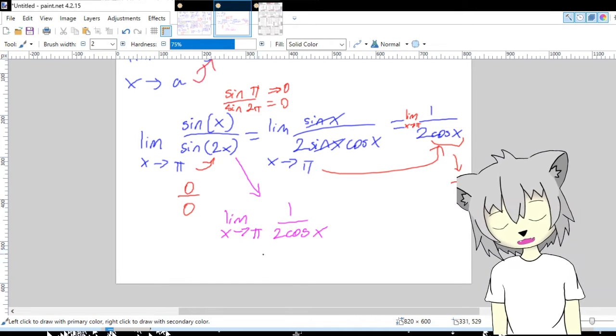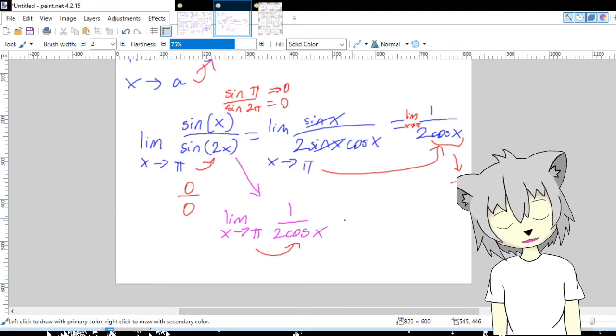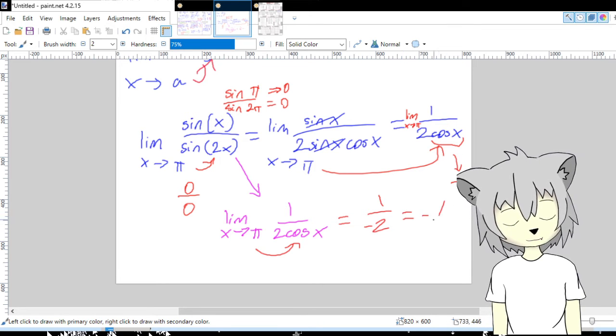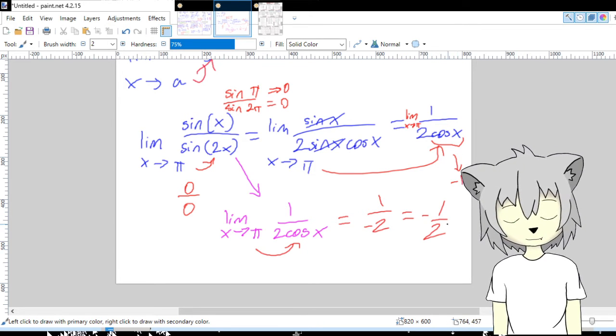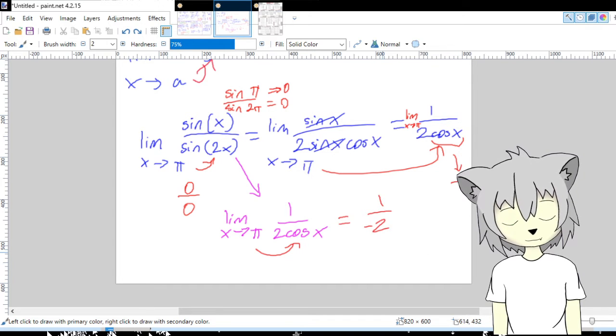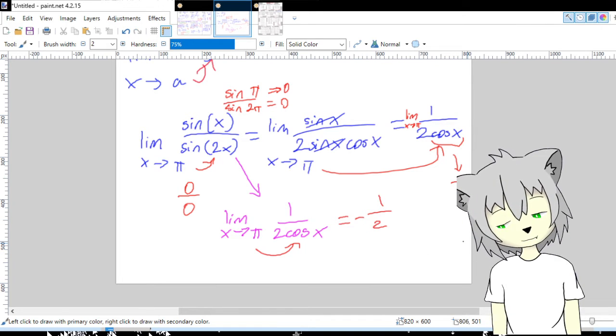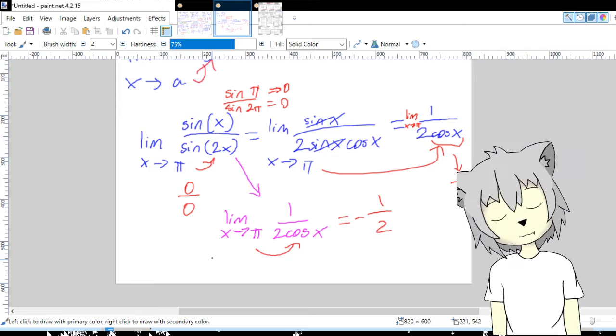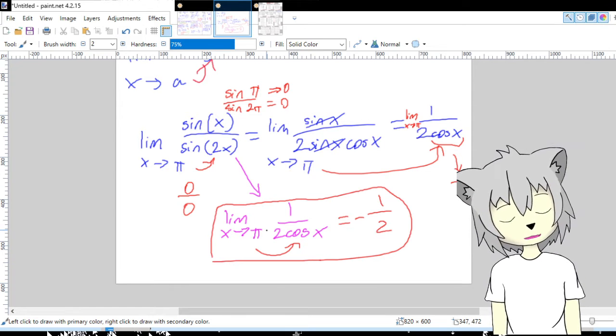Then we can try and plug in the thing again. We end up with 1 over -2, which is basically just the same thing. Ta-da! That's the answer.